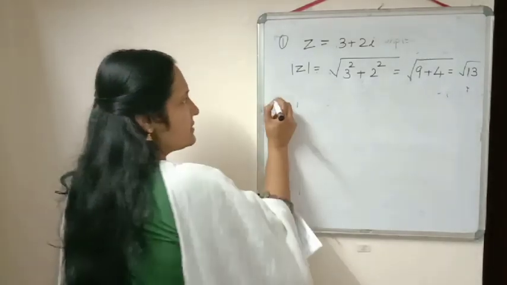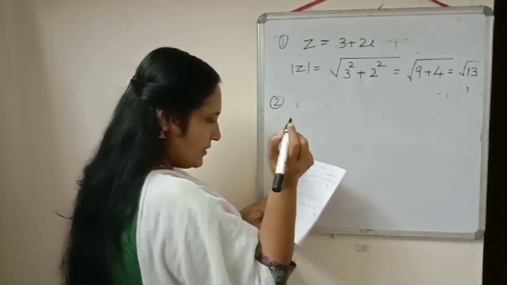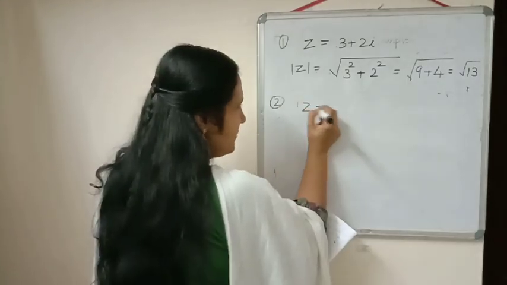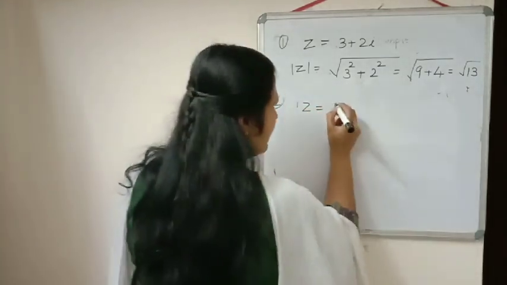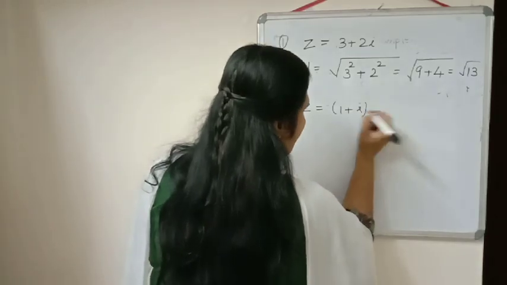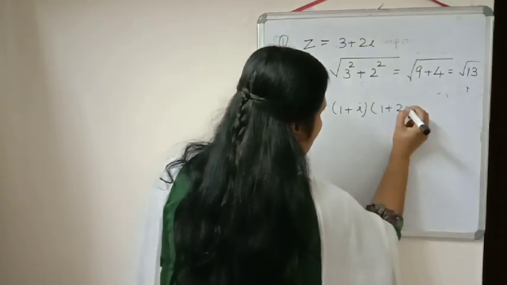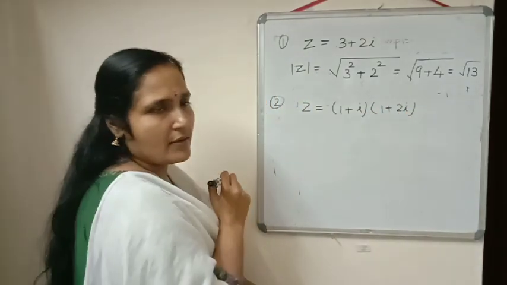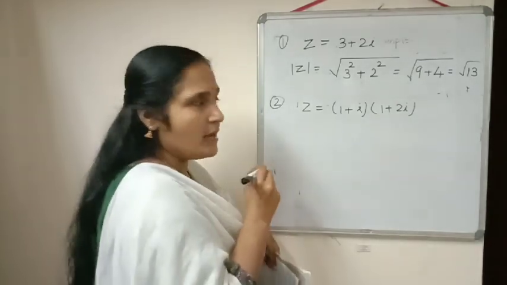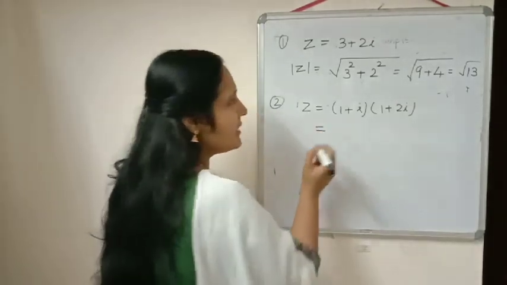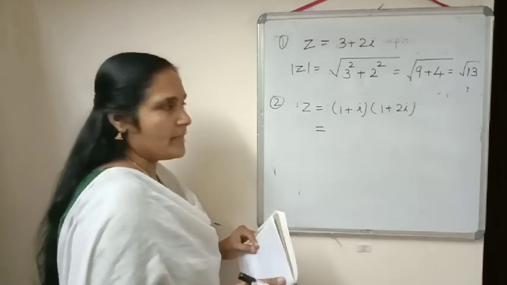Okay, write down the next question. Question number 2 is z is equal to 1 plus i into 1 plus 2i. Before finding the modulus, we'll rewrite this number in the standard form of a complex number.